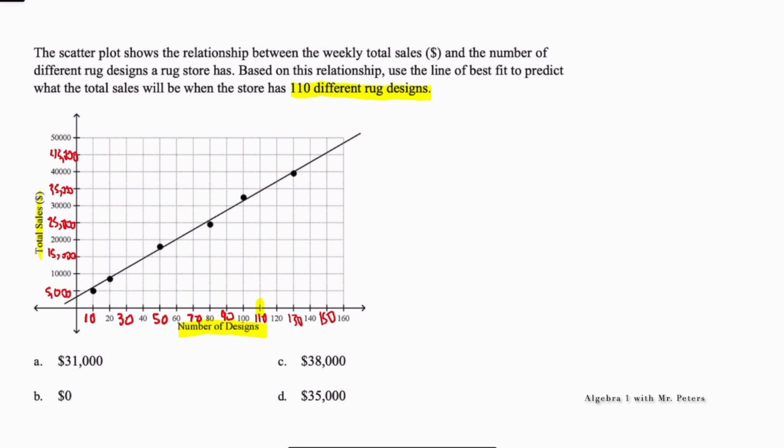So we're talking about this X right here. And when we follow up to this line, this is the point we're talking about. And if we look over to the x-axis, yes, it's not perfect, but we could assume that our answer is going to be D, 35,000. So please make sure that you correctly analyze and interpret your graph and the axis so that this will be a very, very simple question.